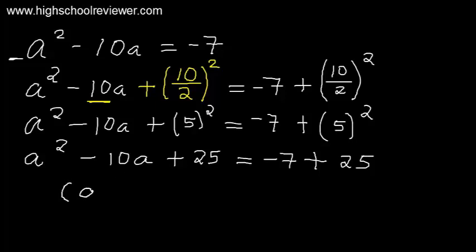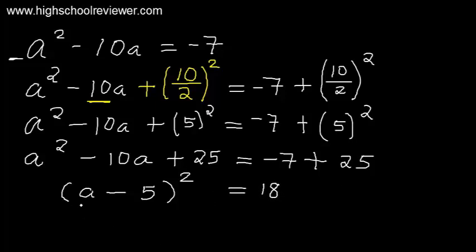So the factor here will be a, and since this is negative, we will also have a minus sign, and the square root of 25 is 5. So this quantity will be raised to the power of 2 since this is a perfect square. And then we have negative 7 plus 25, which is positive 18.